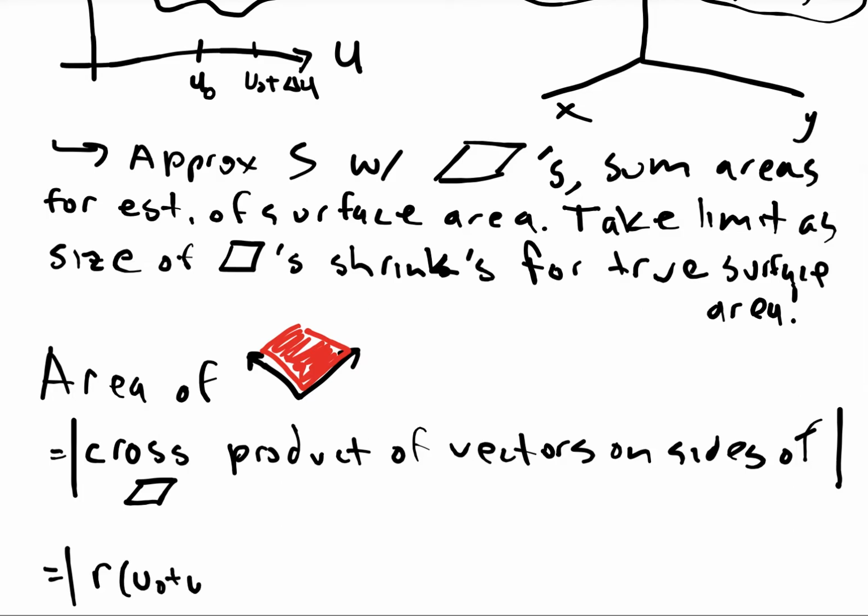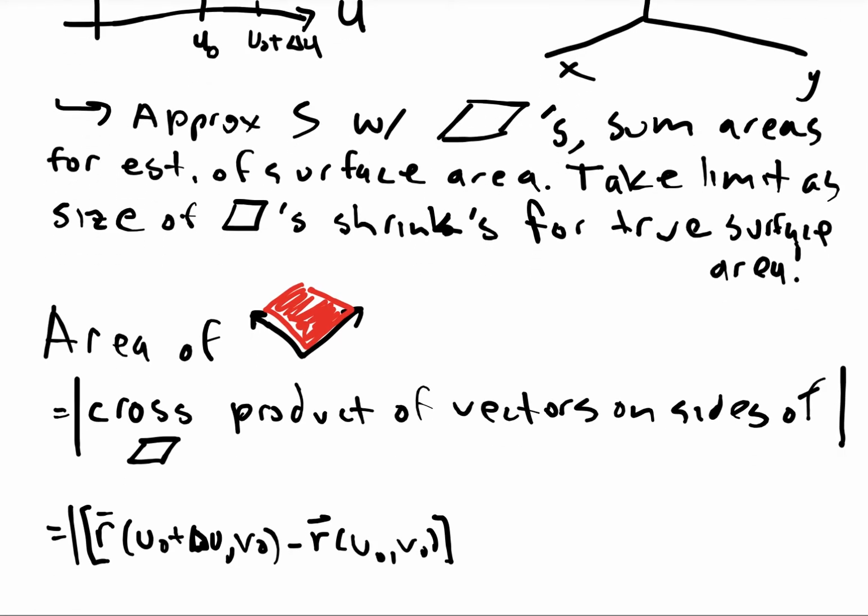So here is that first guy, my final point minus my initial. I'm going to leave off the additional hats here. Do note that will be a vector result if I'm doing final minus initial.